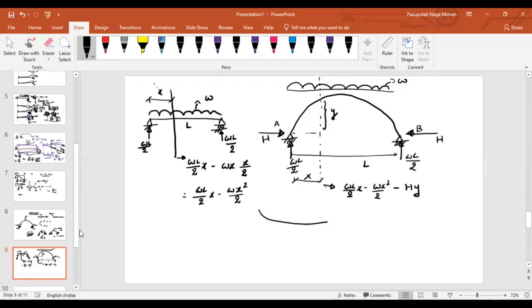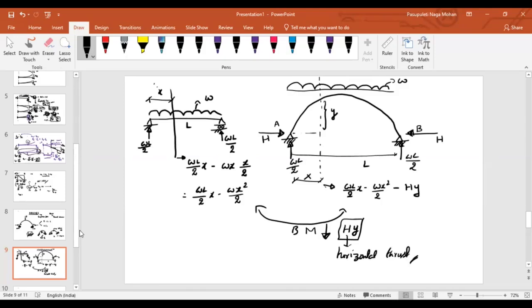So, if you compare these two equations, your bending moment is reduced by how much amount? By an amount H times y. This H we will represent as the horizontal thrust.